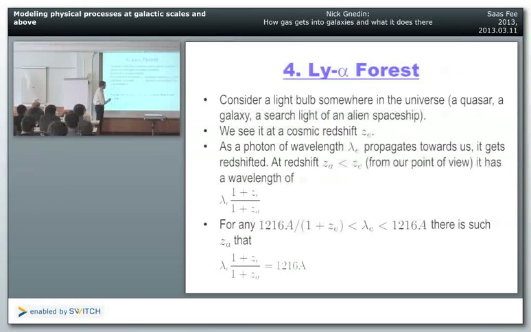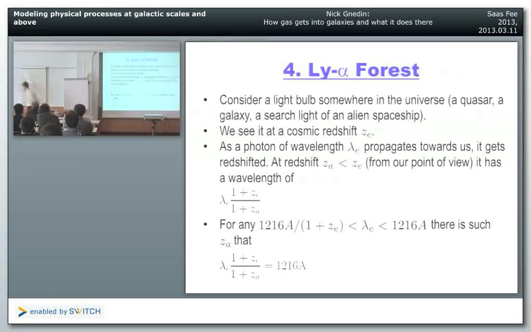So at lower redshifts, this photon will have a wavelength proportional to the ratio of 1 plus z factors. So if I now have a photon emitted with a wavelength between 1216 angstroms divided by 1 plus z and 1216, that means that for this photon, there is some redshift for which its wavelength is going to be 1216.